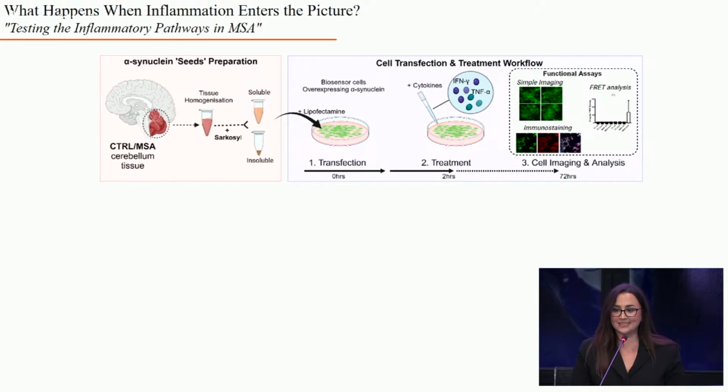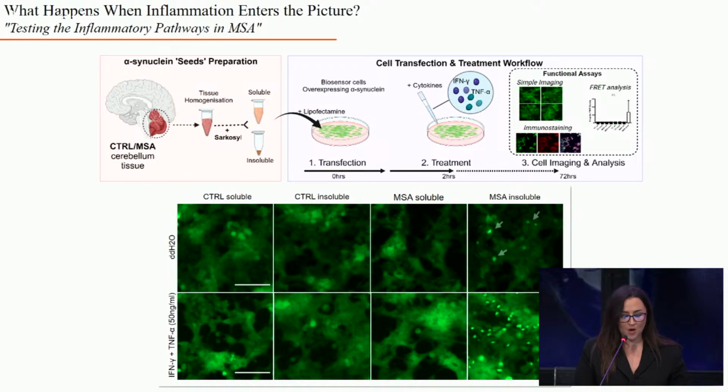I transfected cerebellum tissue from MSA patients and controls into cells overexpressing synuclein, and I added the cytokines interferon gamma and TNF-alpha to cause inflammation. What I found was, with just the seeds alone from the MSA tissue, we began to see this clumping or aggregates of alpha-synuclein.